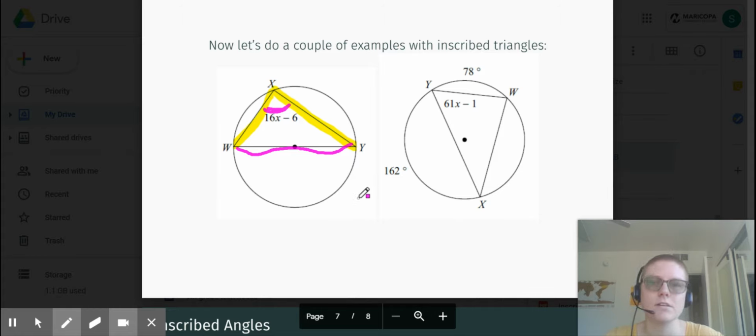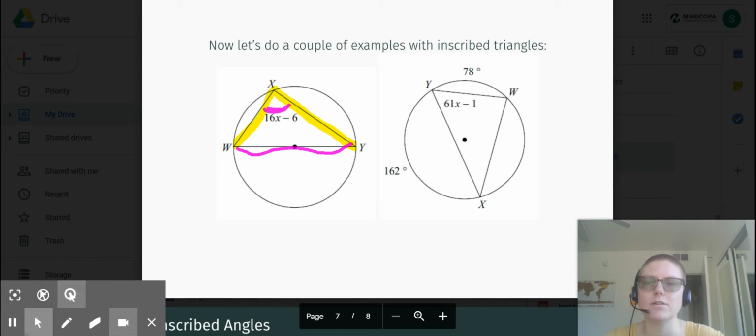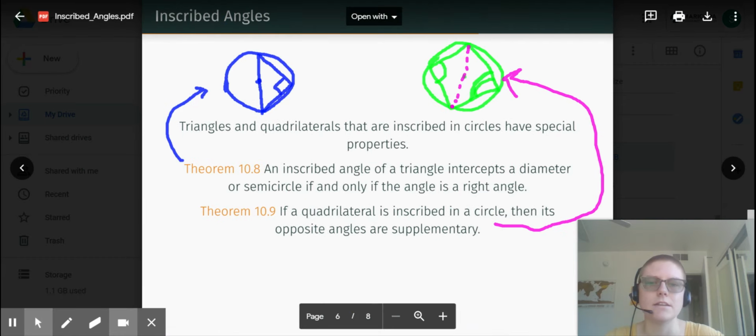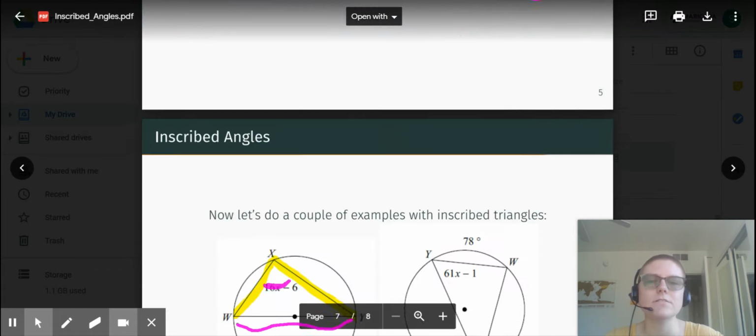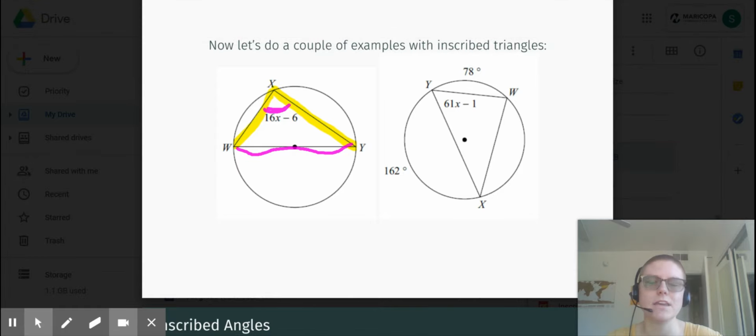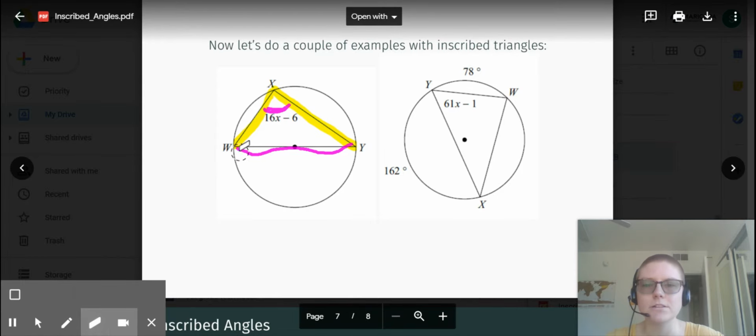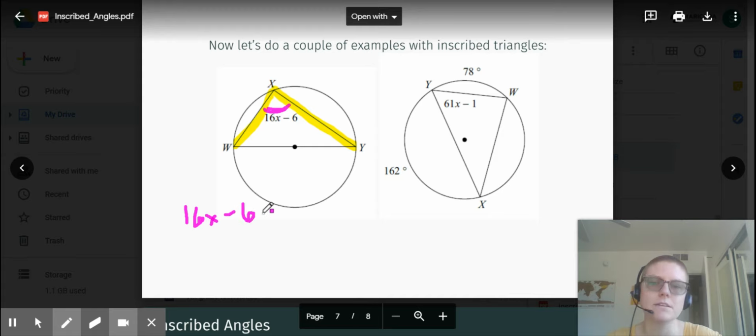If we look back at our theorem, it says an inscribed angle of a triangle intercepts a diameter or semicircle if and only if the angle is a right angle. So it must be a right angle, and we can set that up: 16x minus 6 is equal to 90. And then we just have to solve for x.